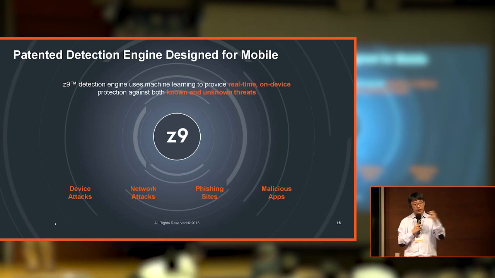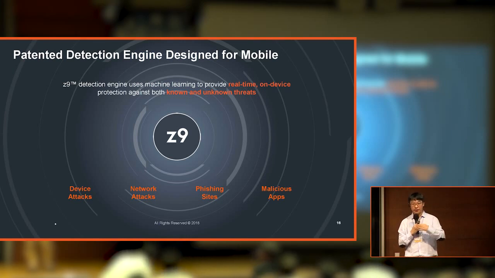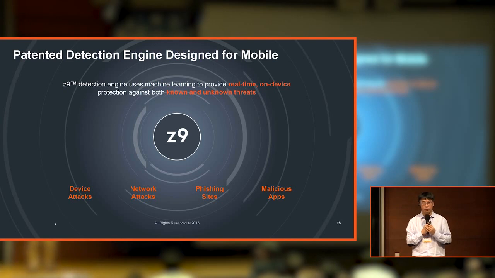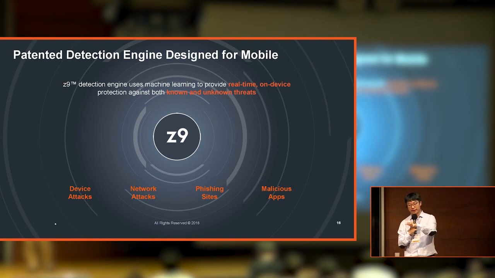We put that through machine learning training, so that when the attack happens, we do not need to know the signature, because we will be able to understand and see the behavior changes on the mobile devices.